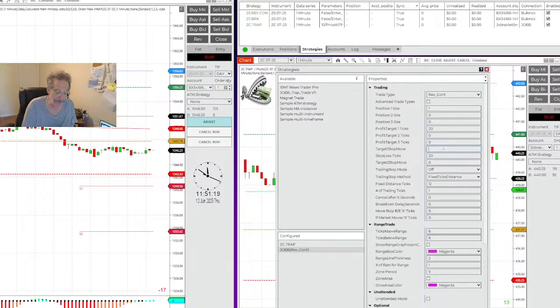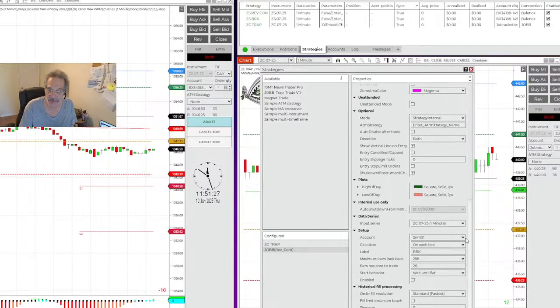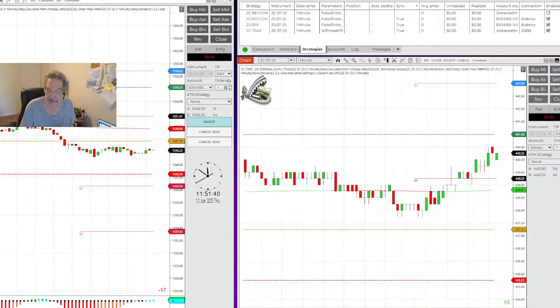That's all we need. One position, one target, one stop. Choose an account. It has to be cash for me. And I'm going to label it ZC reverse continue. Okay, trades are set up.